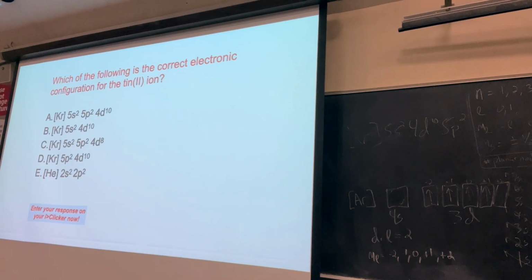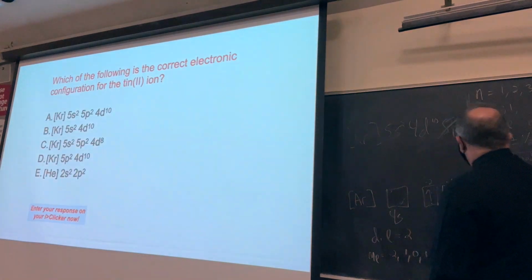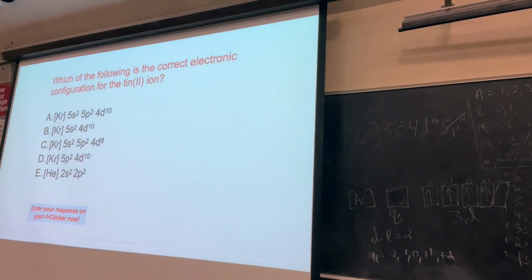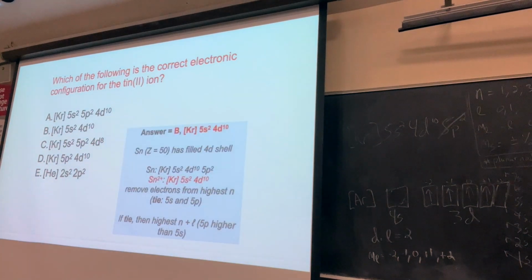So highest n plus l, if there's a tie, means last ones in are the first ones out. You didn't do that back with titanium 2+ or whatever, because highest n comes out before highest n plus l. But in this case, we do. So we'll just take out the 5p2. That's higher n plus l, i.e. it was filled in after the other ones.